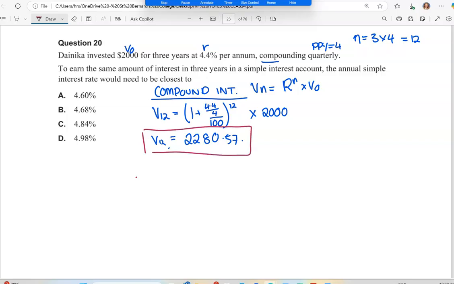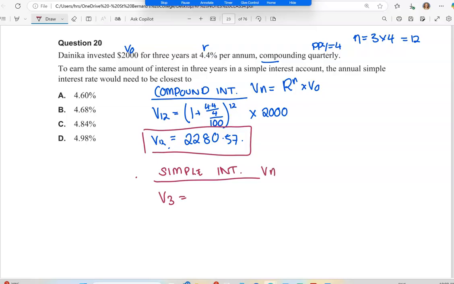If we were going to do simple interest now, so if I do simple interest, I want V3 because it said if it was to be the same scenario.